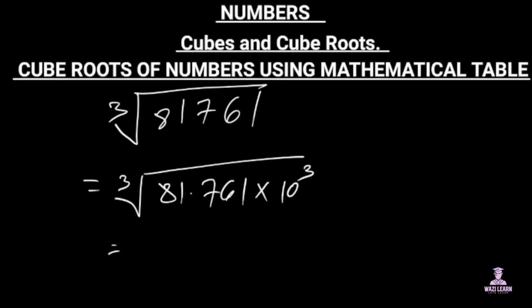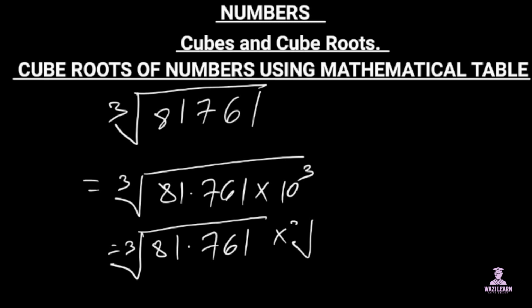When you write them individually, it is the cube root of 81.761 times the cube root of 10 cubed. The cube root and cube will cancel, and you remain with times 10. So you look in your table of cubes for a number that is close to 81.761 but not greater than that one.